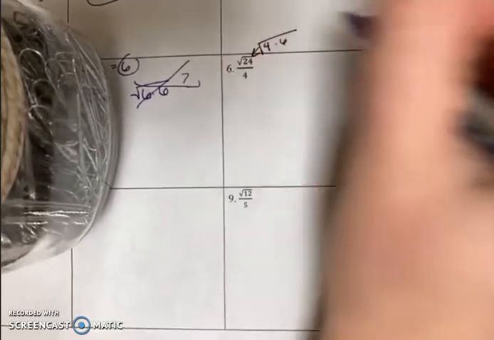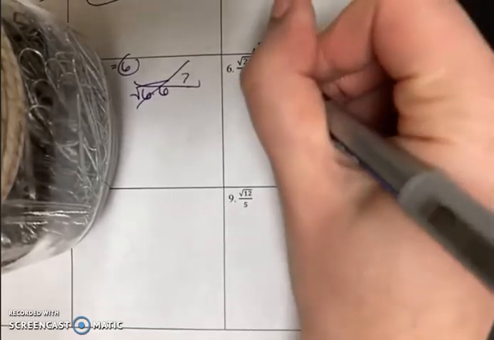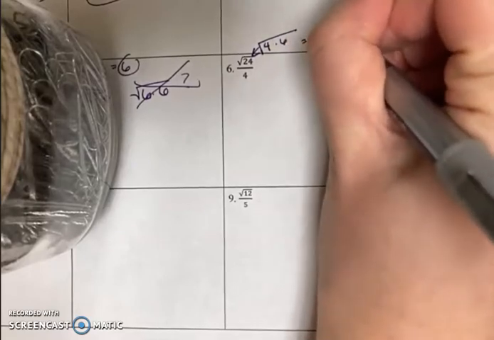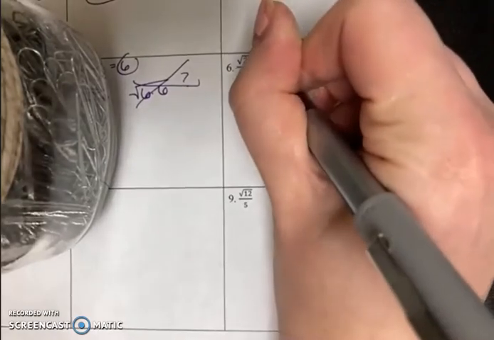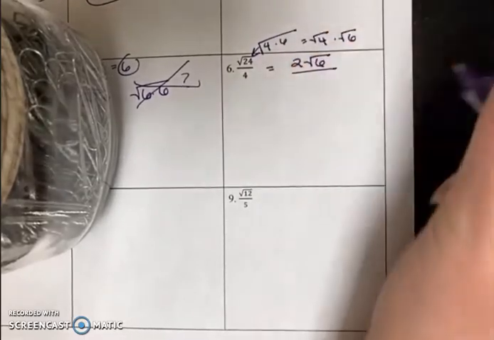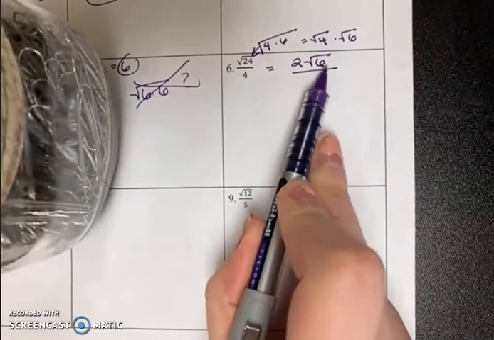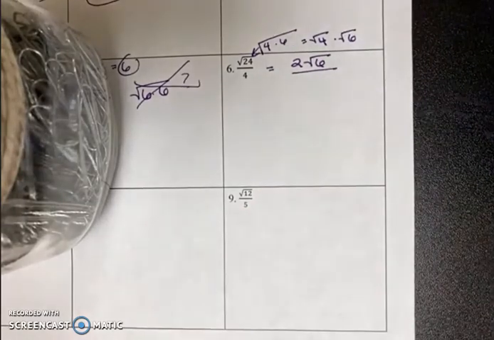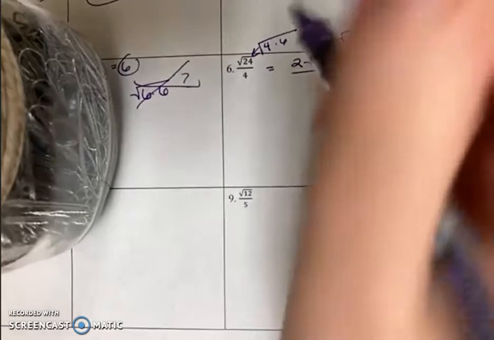So the square root of 4 times 6 becomes the square root of 4 times the square root of 6. So I can rewrite the numerator as 2 root 6. Always just check and make sure. Does this simplify any further? No, because the factors of 6 are 1 and 6, 2 and 3. None of those are perfect squares greater than 1. And it is over 4.